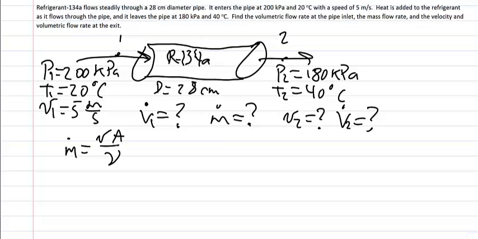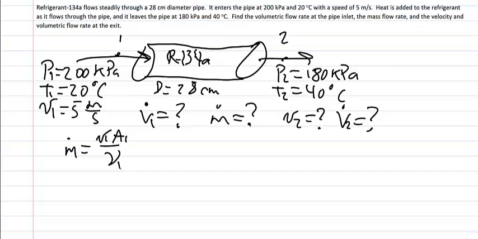So we could easily go into our tables for the refrigerant, A11, 12, and 13, and find the specific volume. So let's find the mass flow rate based on the inlet conditions: V1, A1, and specific volume v1. So that's something we can easily solve for.